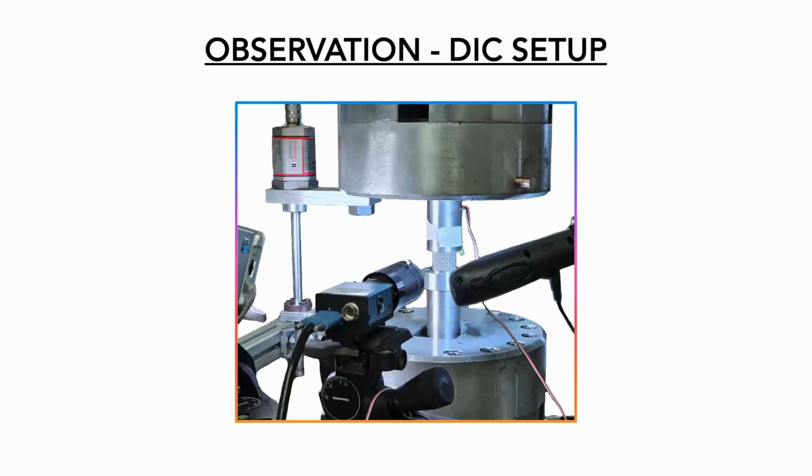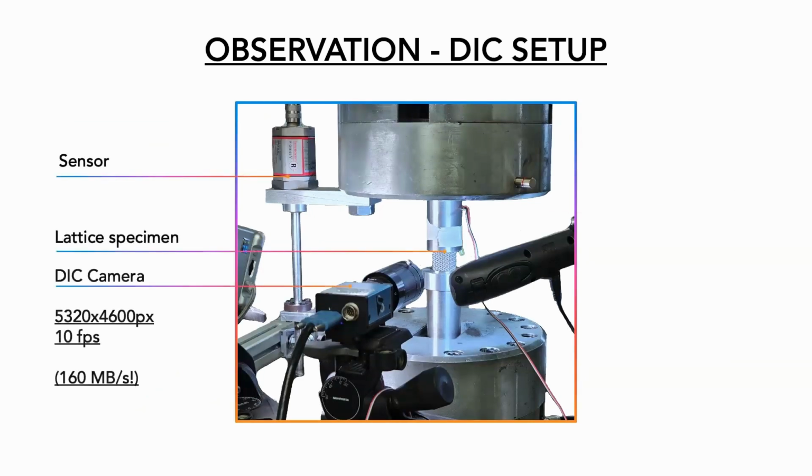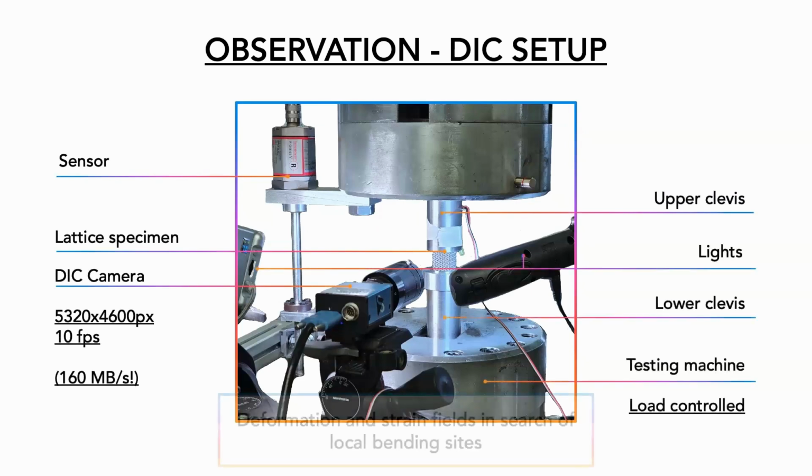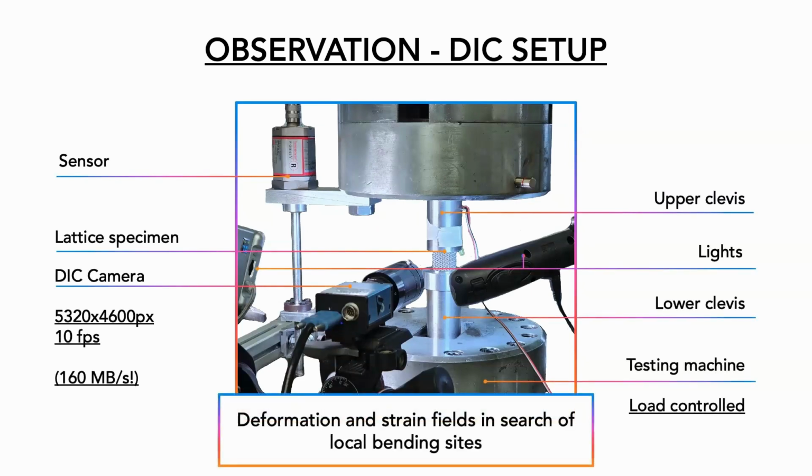This is our setup. As you can see, we have an external sensor of displacement for future-proofing, for having a lot of those specimens tested, so we don't have to remove the sensor and reapply it, giving some bias to the formulation.